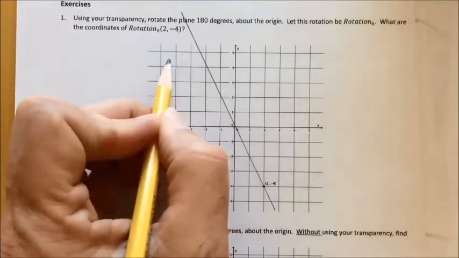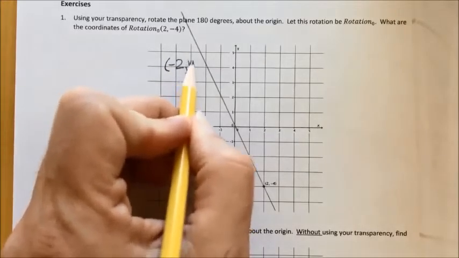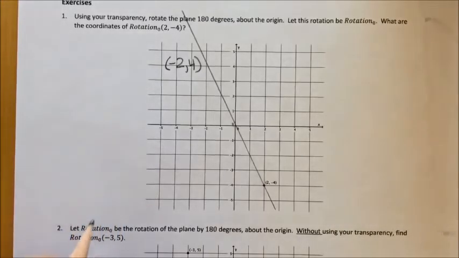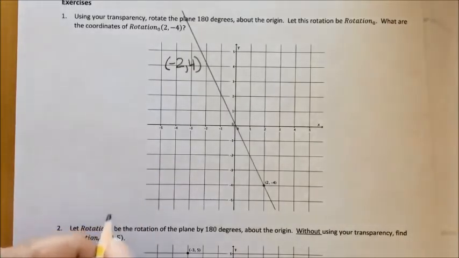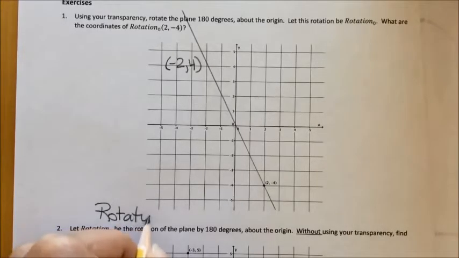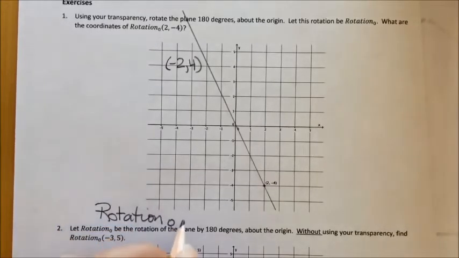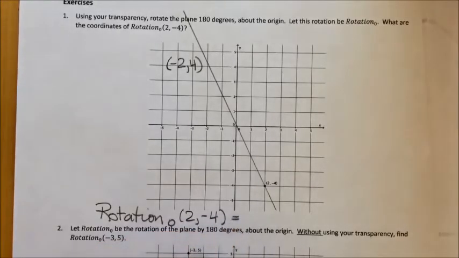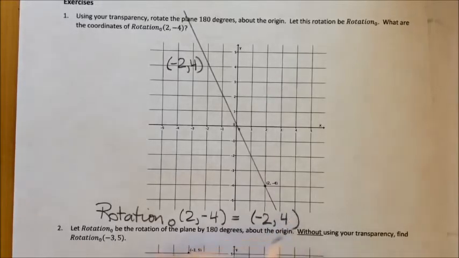So I can mark that right here. -2, +4. So my final statement here would be that rotation O of 2, -4 is the point -2, +4.